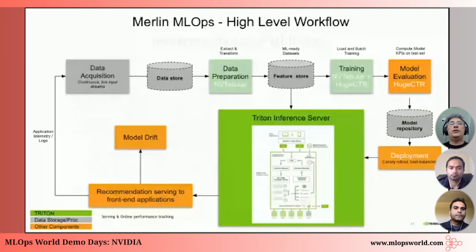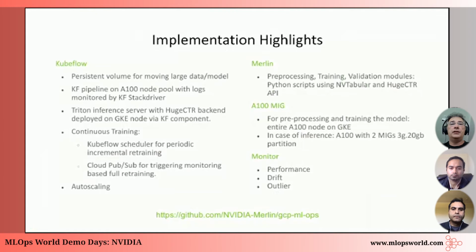The scripts, the source code for deploying this system, are available on GitHub. You can find the link at the bottom of this slide. If you are interested in the details, we will focus on the inference part, but this system will show the persistent volume for moving large amounts of data, like the amount required in the recommender system.